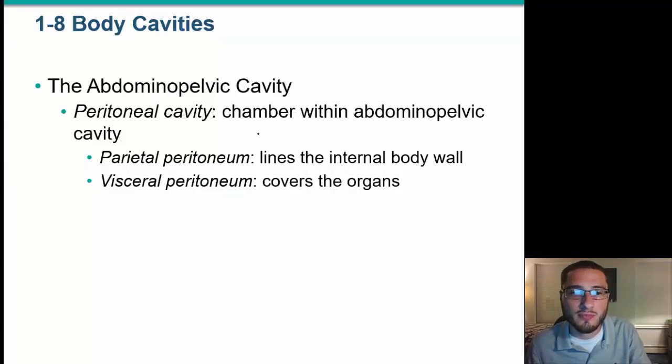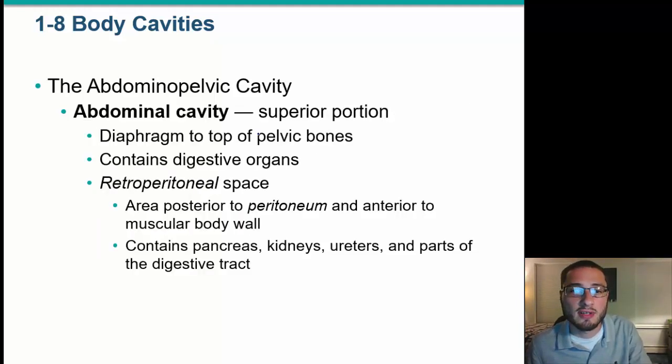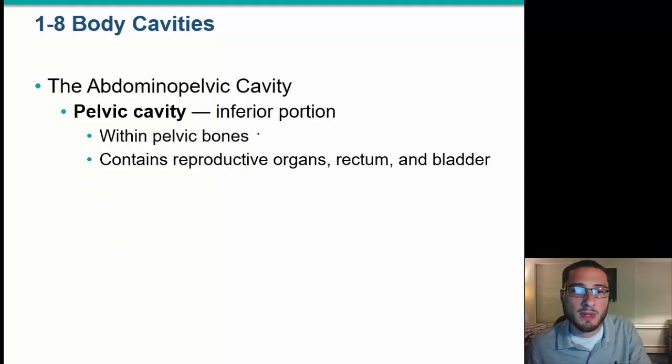You have your peritoneal cavity, which is within the abdominal pelvic cavity. The parietal layer lines the internal body wall, where the visceral layer is going to cover the actual organs. Abdominal cavity, pelvic cavity, and that's pretty much it.